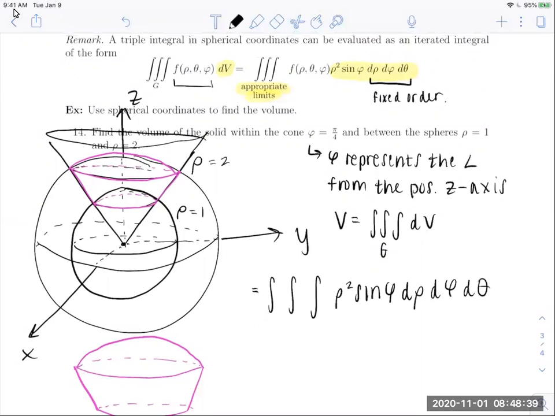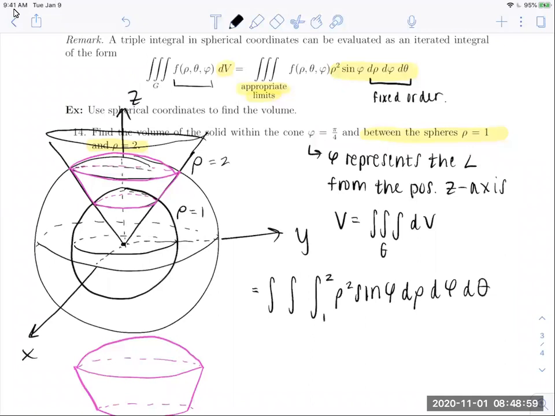All right. And so what is rho ranging from? Well, if you'll recall, it says between the spheres, rho equals 1 and rho equals 2. So we don't want anything between 0 and 1. So that tells us our rho is ranging from 1 to 2.